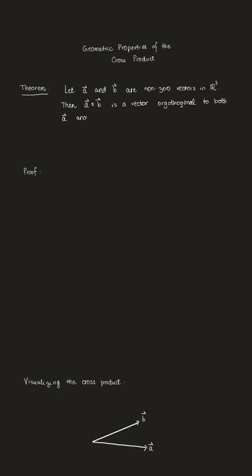So we have a little bit more of a feeling of what kind of vector we're obtaining when we do a cross product of two vectors. Let's show why this is true. So we'll do a short proof.